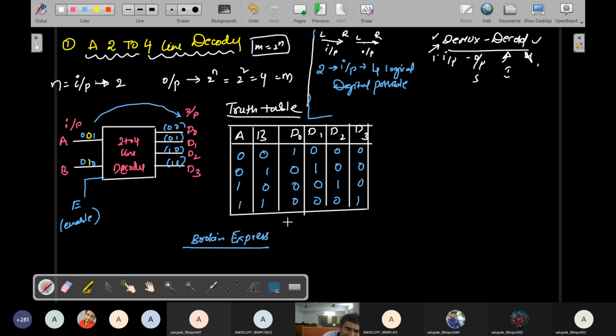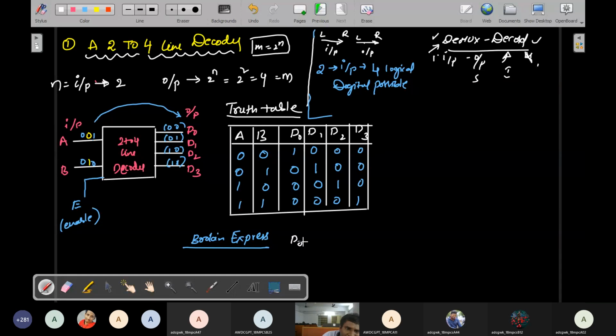So the Boolean expression looks like a demultiplexer's. First we write the Boolean expression for the D0 terminal, second for the D1 terminal, third for the D2 terminal, and fourth for the D3 terminal.